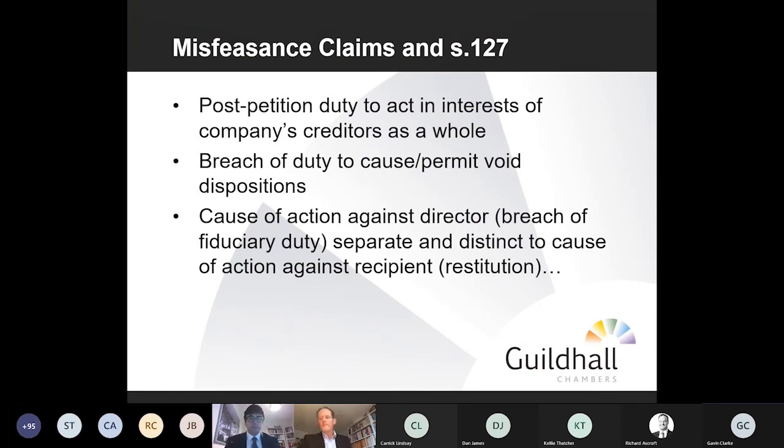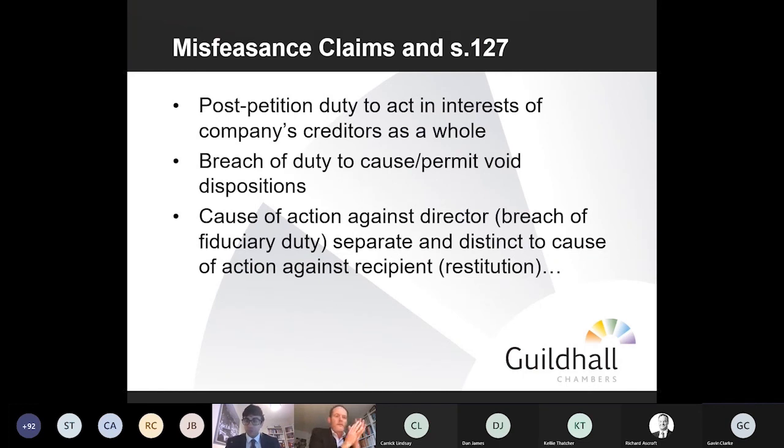Yes. So in the limited time available, it was really just a reminder that we've obviously been looking at both the recipients and paying parties, but critically, there will invariably, I think, be a misfeasance claim, a breach of duty claim against the director who authorises or allows those payments to go out without giving due consideration to whether they should be validated.